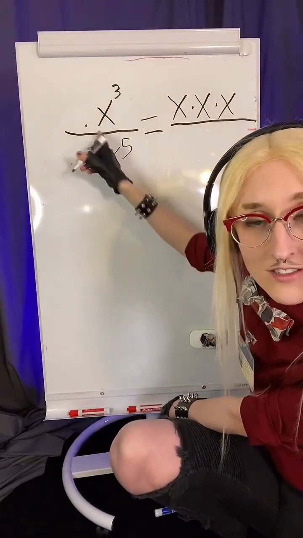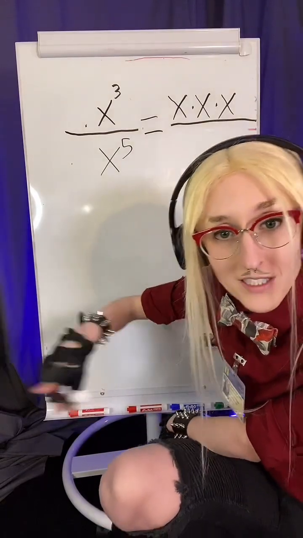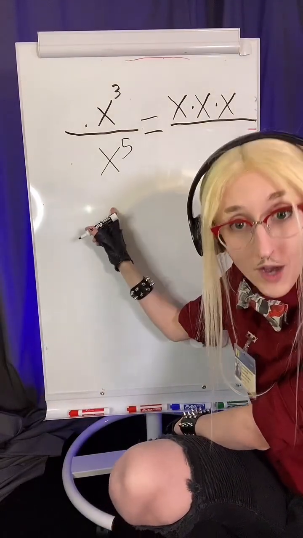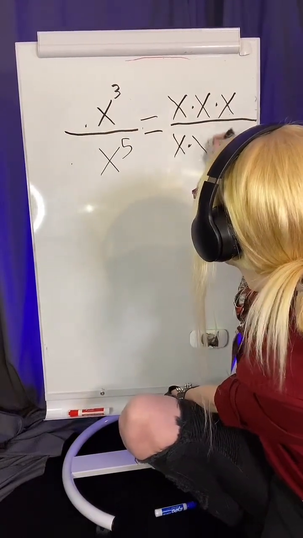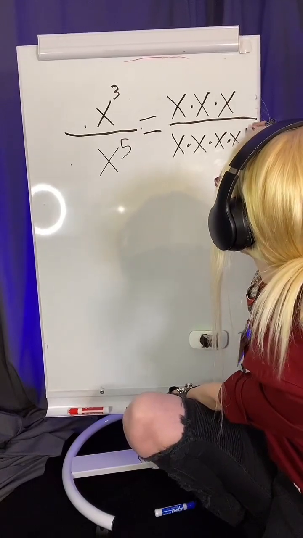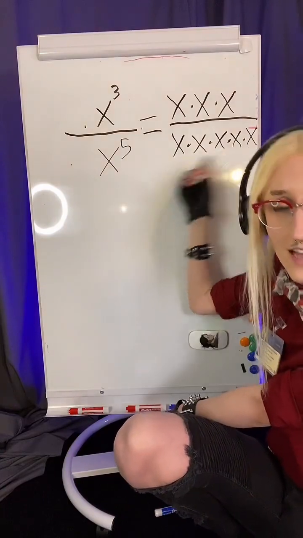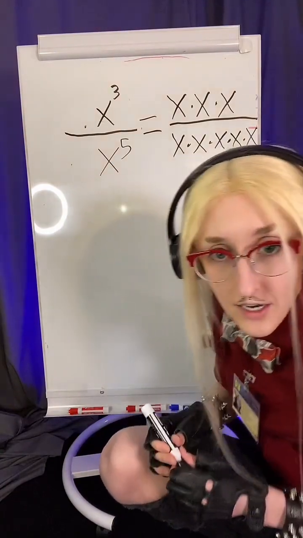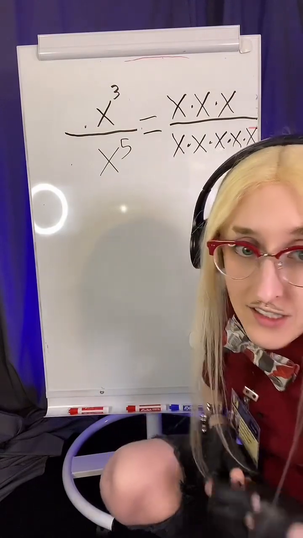That's what x to the third power means. It means x multiplied by itself 3 times. So the bottom is just x times x times x times x times x. I've got 5 x's. Oh my gosh, that's a lot of x's. We're not going to talk too much more about that anyways.